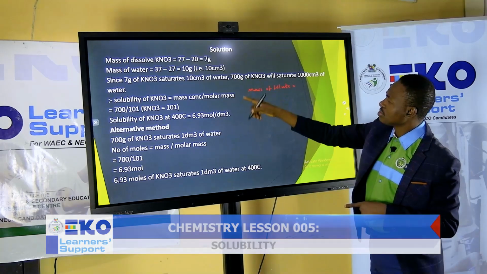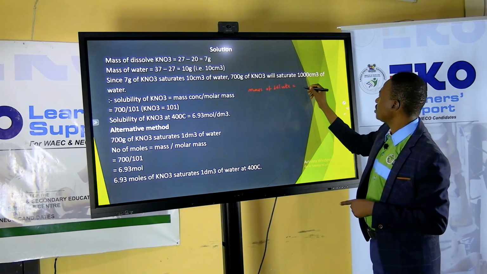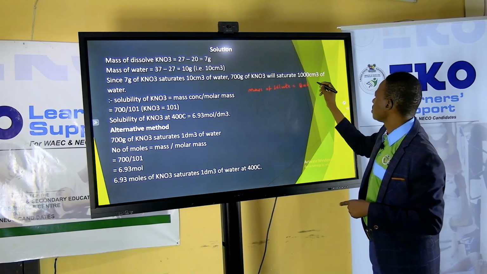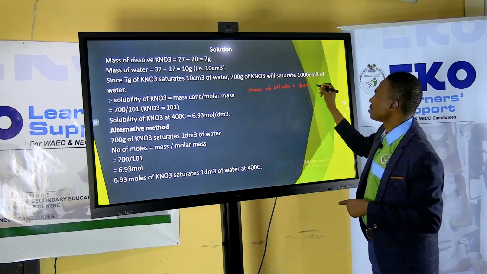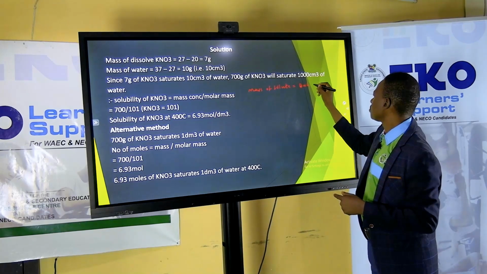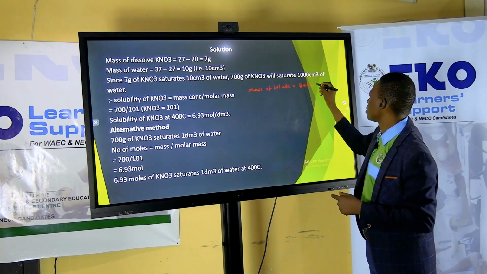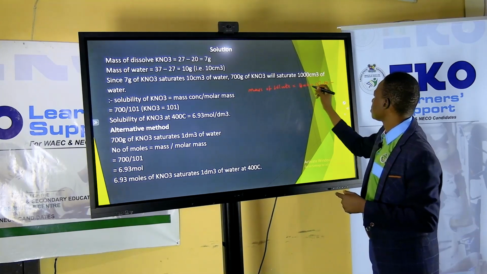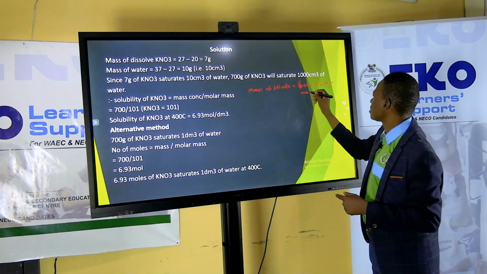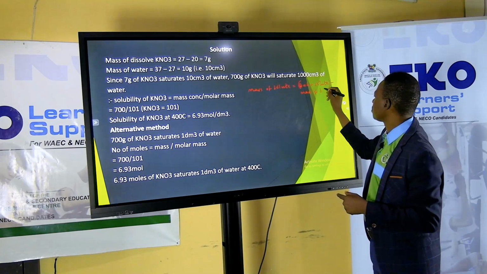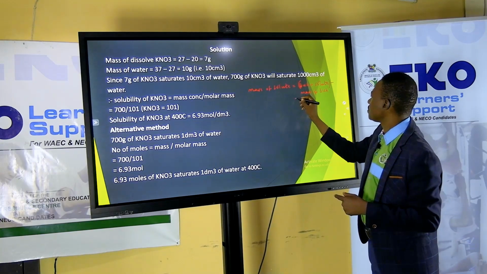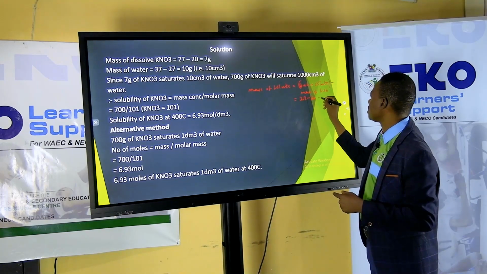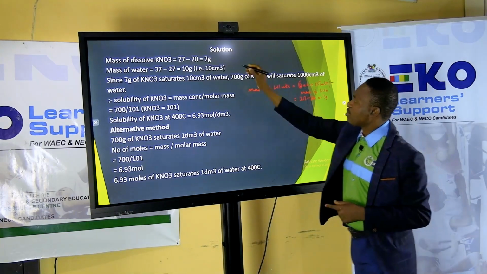Is equal to the dish plus solutes minus mass of dish. And that will give you 27 minus 20, which is 7 grams. And that's what you have here.